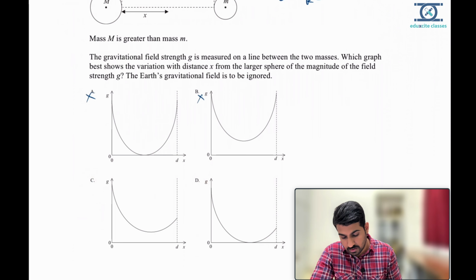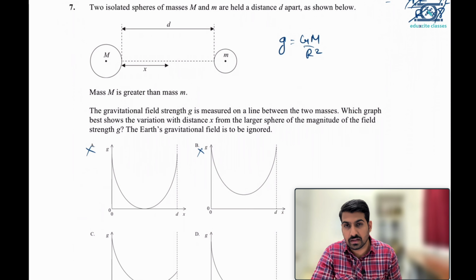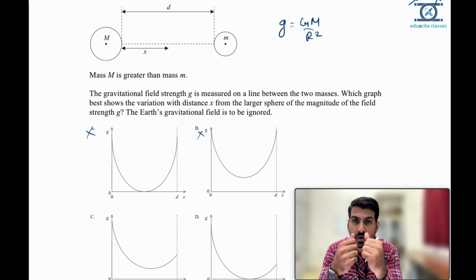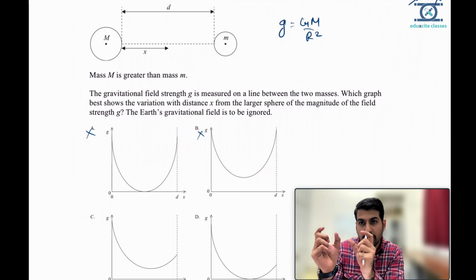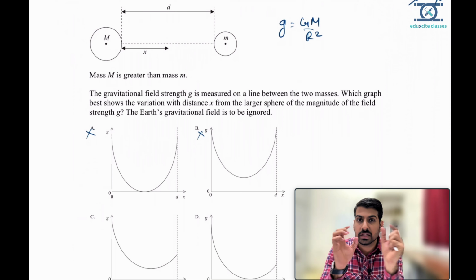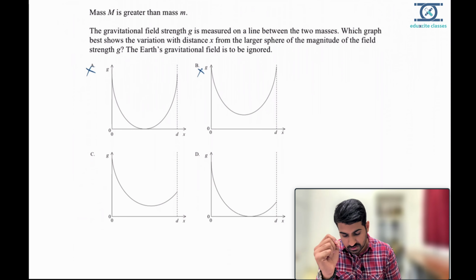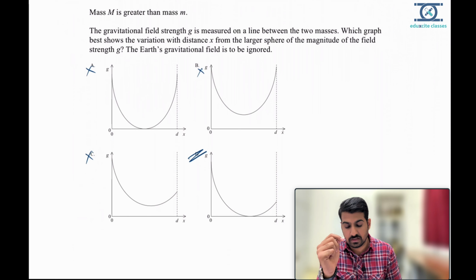Now D suggests that it will be 0 at one point. Absolutely it will be 0, because the gravitational field strength is always towards the object of mass. So one is greater, one is lesser. When you are moving along it, there will be a certain point where the gravitational field strength reduces to 0. And if it reduces to 0, then definitely C is not the option. So the correct option is D only.